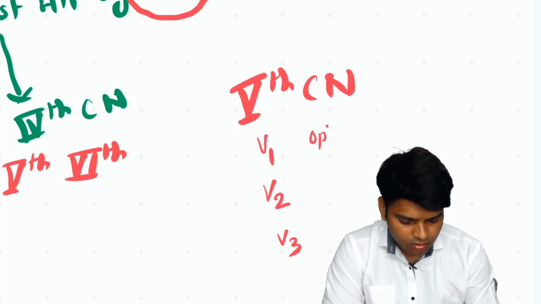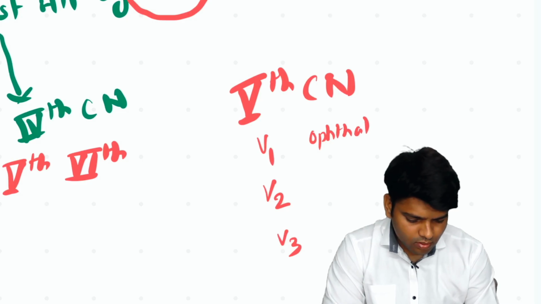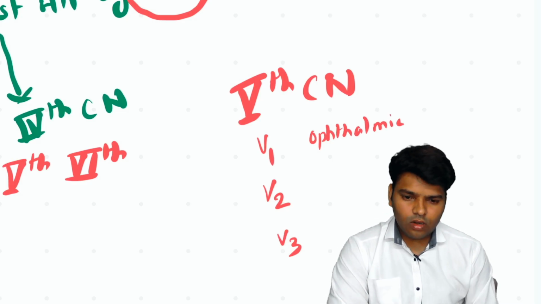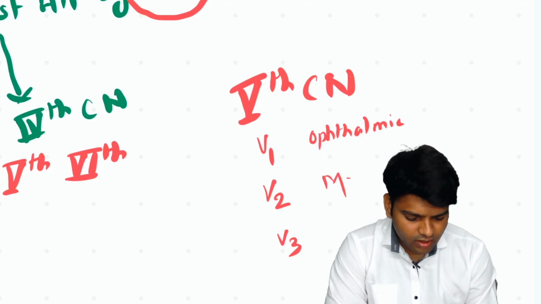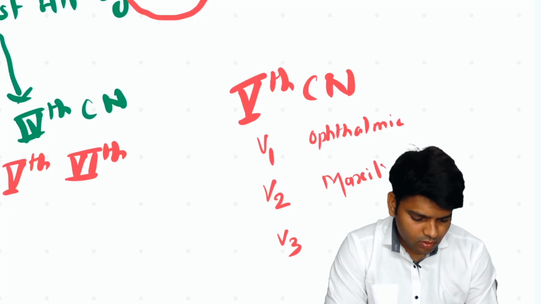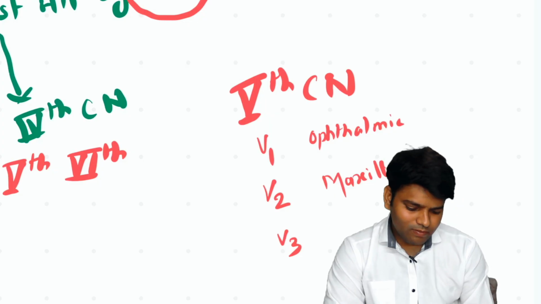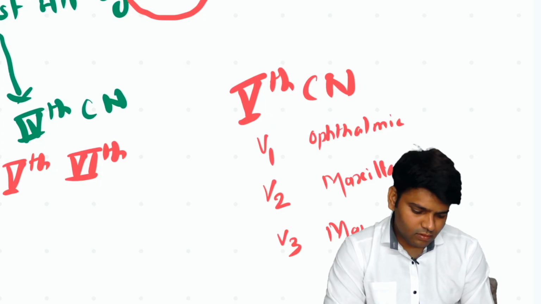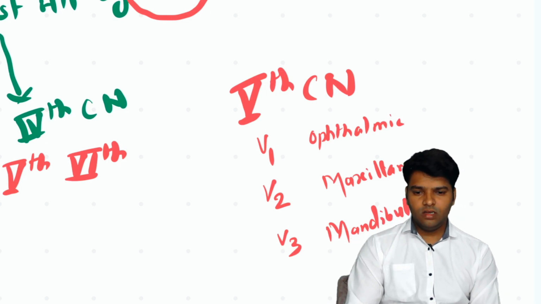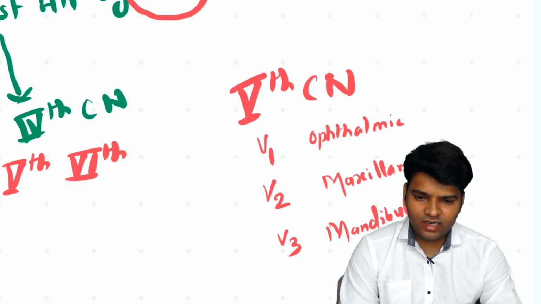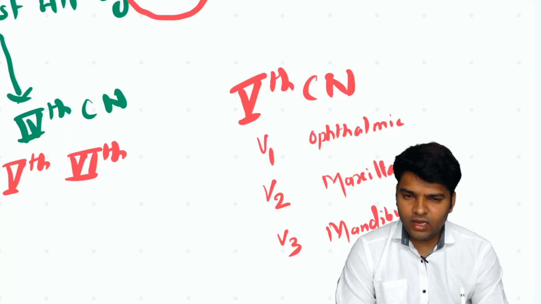Ophthalmic nerve, maxillary nerve and mandibular nerve. The trigeminal nerve is divided into three main branches.